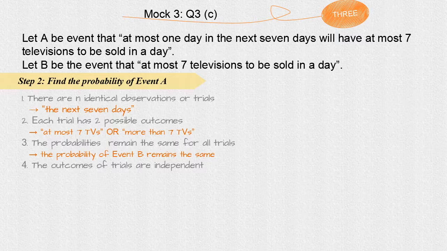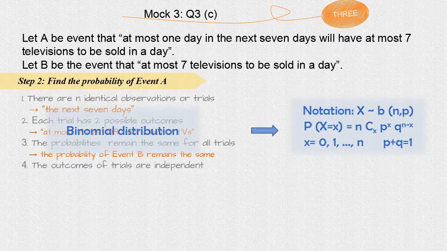Number three, the probabilities remain the same for all trials. And number four, the outcomes of trials are independent. So we know that this variable follows the binomial distribution. Then we can use the notation and formula of the binomial distribution to get the result.